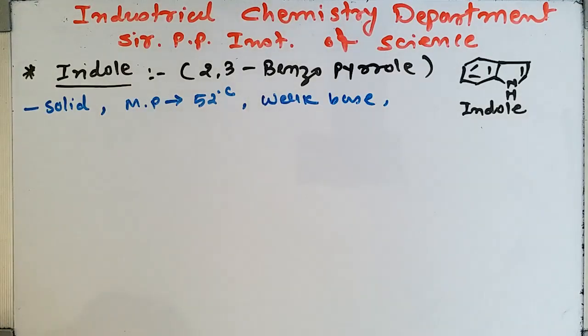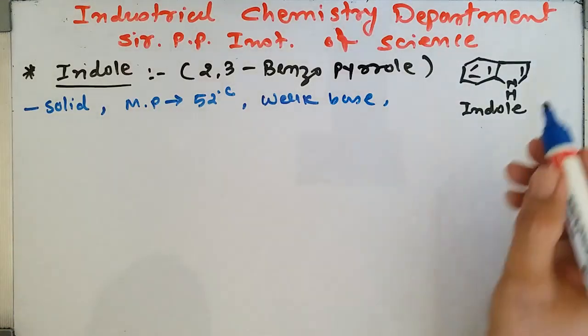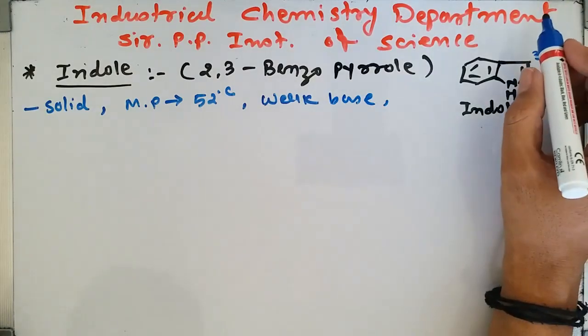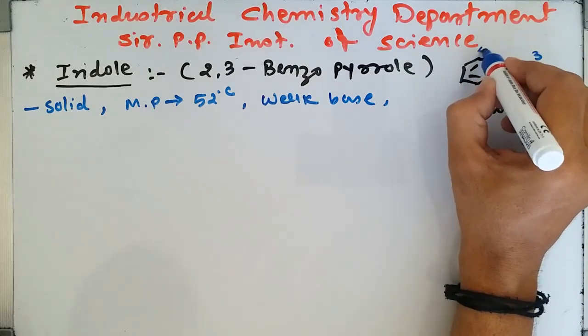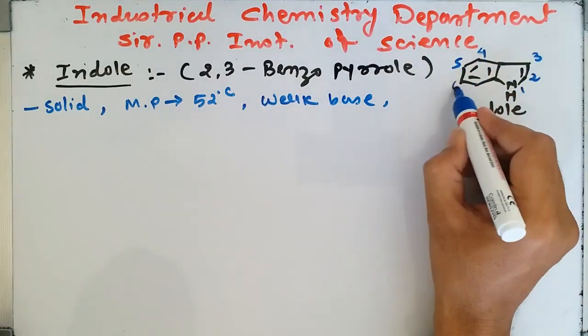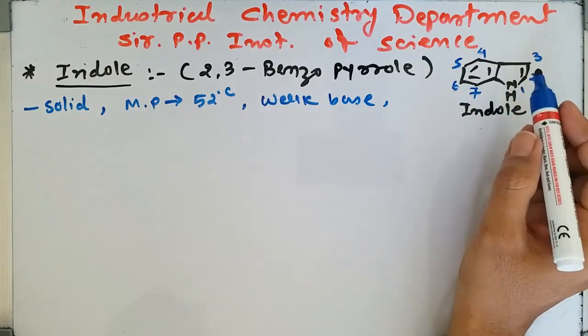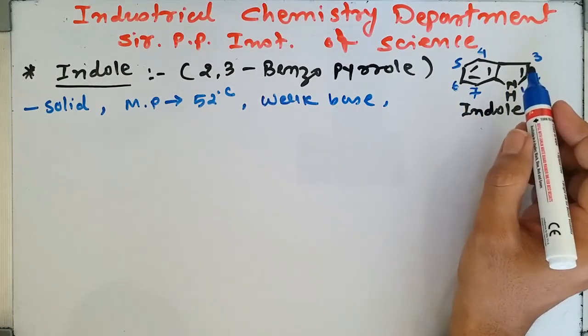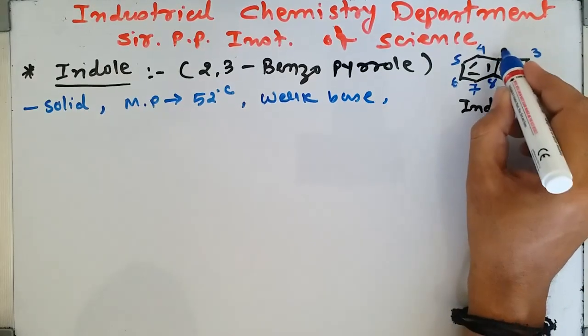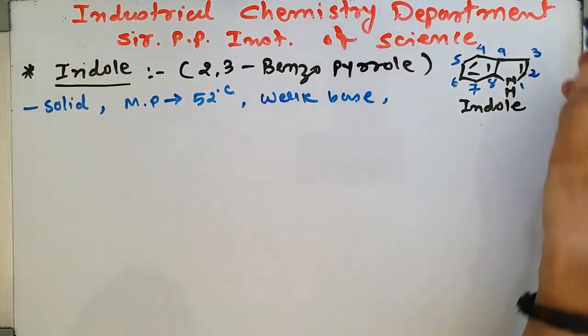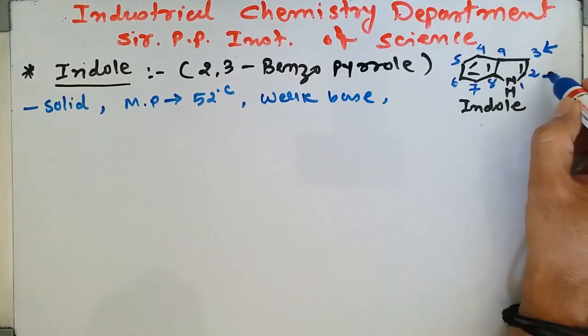According to the structure of indole, the numbering starts from here: 1, 2, 3, 4, 5, 6, 7, 8, 9. Electrophilic substitution reaction occurs in position 3 or 2.